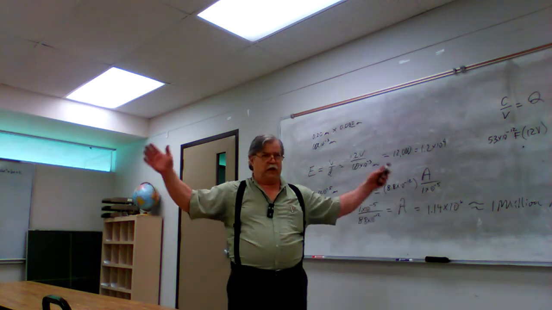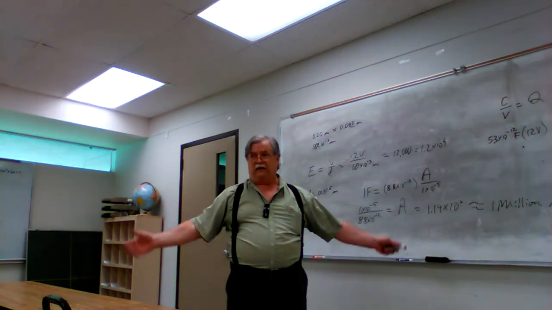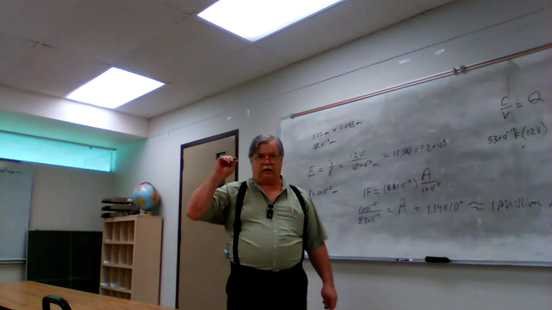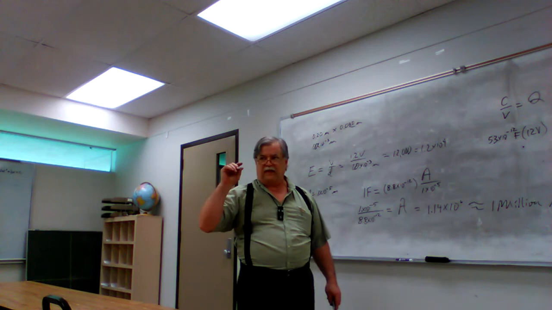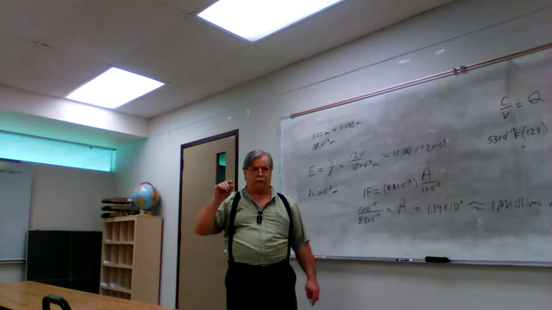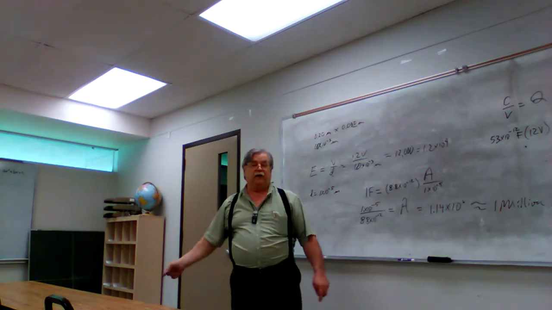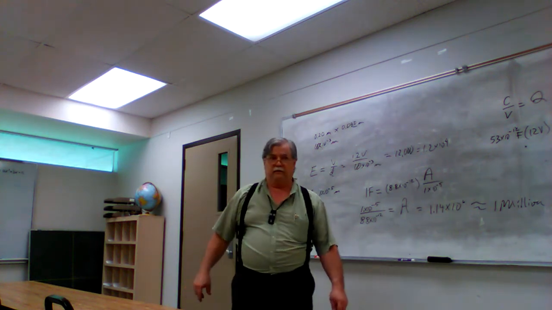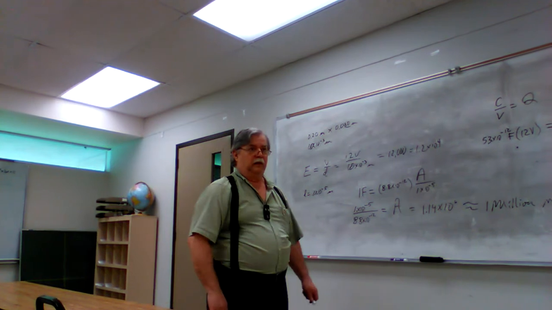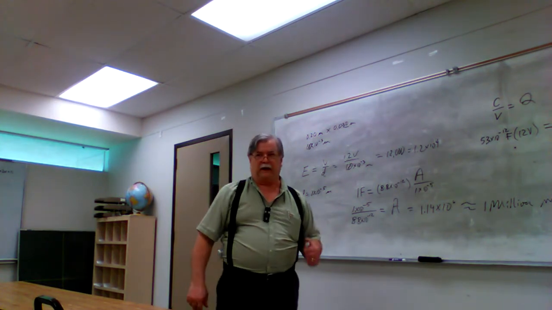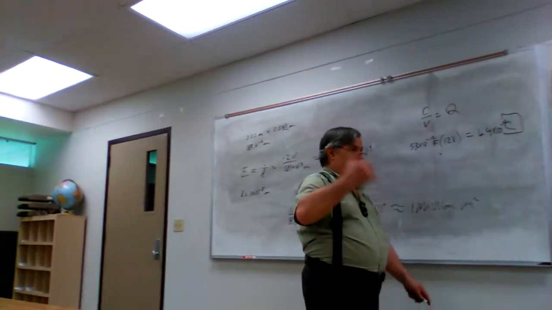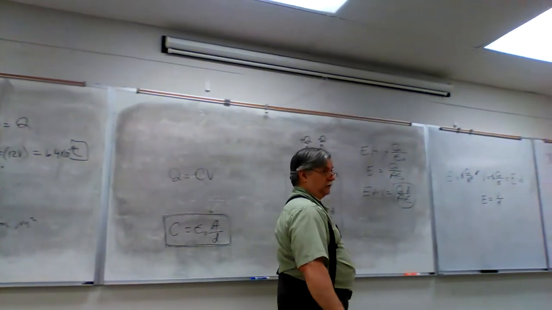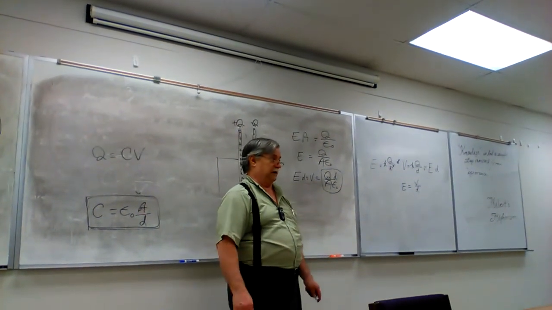If you had two over half mile square pieces of metal that you could keep 10 thousandths of a meter apart, or 10 millionths of a meter, apart at every point, then you could have 1 farad of capacitance, which is why up until 10, 15 years ago, there was no such thing as a 1 farad capacitor.